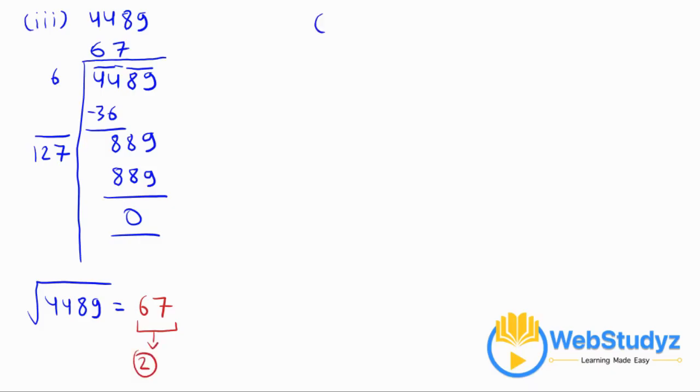Now move on to the fourth one, which is 27225. Making its pairs, we get 2, 72, 25.